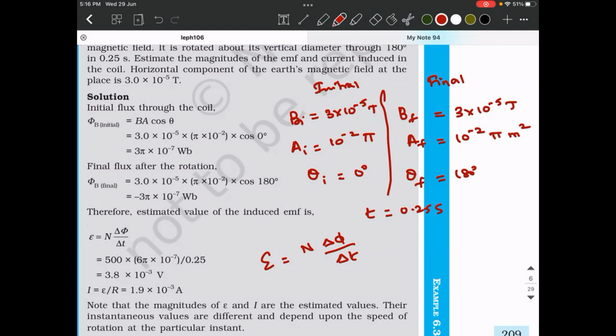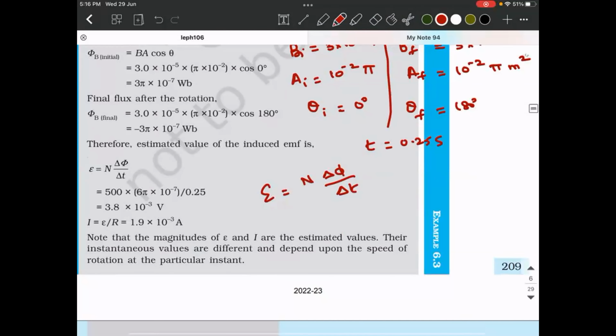So can you guys do this? So N into what? For this problem it is. Because that will vary from place to place. No? That's what we learned in the previous chapter.